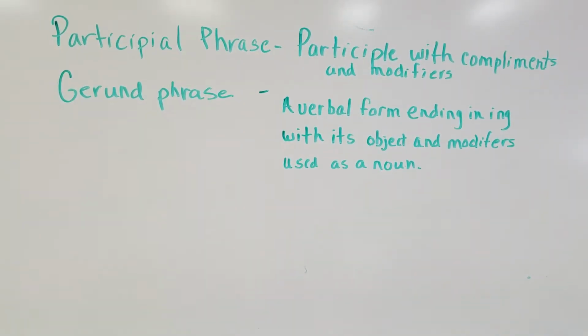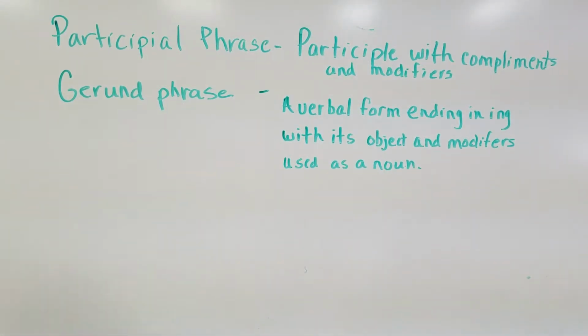Okay, and since we talked about participles and gerunds, we're going to go ahead and talk about the difference between just a single participle or a participle phrase. And the difference here is just the participial phrase uses a participle, but it adds other words with it. That's just a simple way of saying it. It has complements and modifiers.